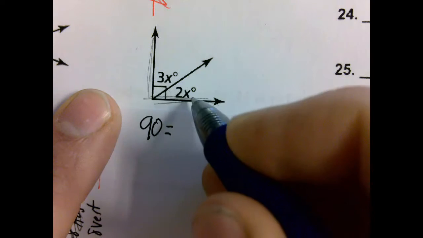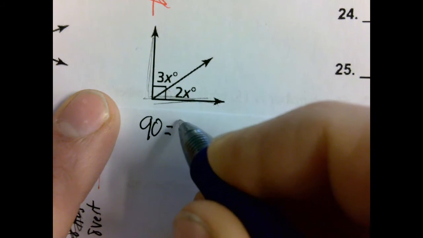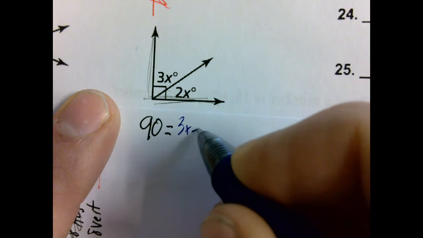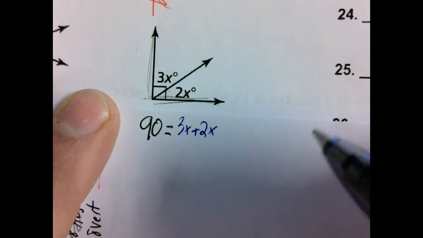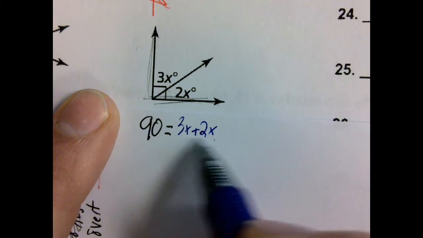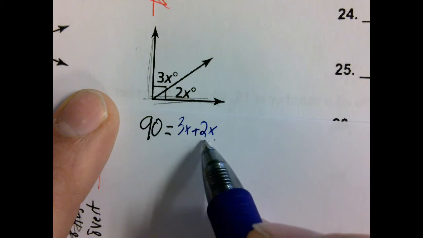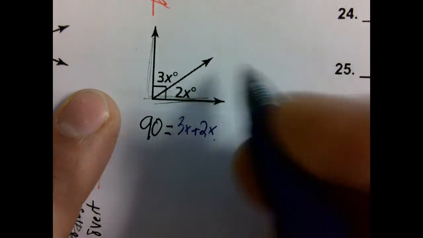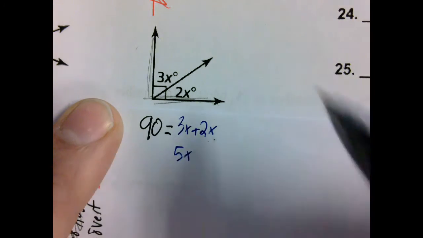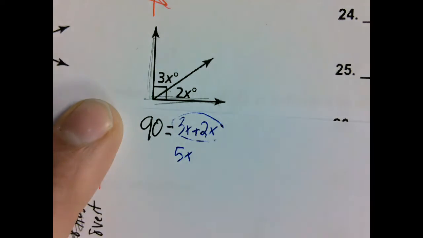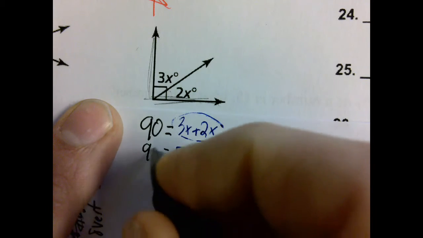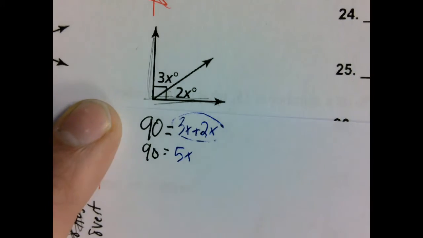So add up the angles, 3x or 2x, which one do you want to start with? 3x plus 2x, great. Hey, these guys are like terms. So add the 3x and the 2x. That gets you 5x. Adding those like terms, wonderful. Solve by dividing by 5.